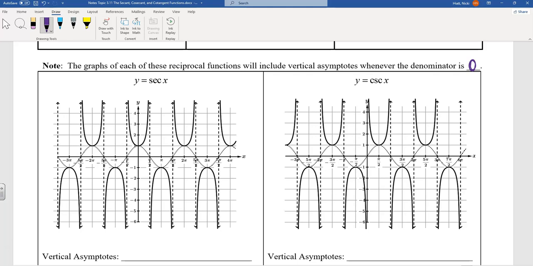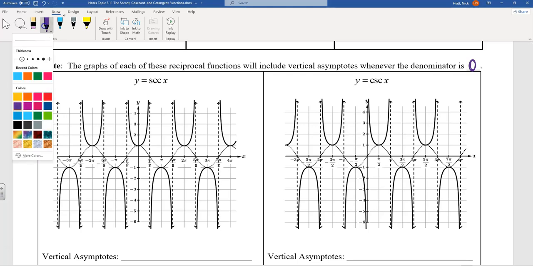So the graph of secant, see this dotted line in between right here? This dotted line is not part of the graph of secant, okay? What is that the graph of right there? Not sine. Its y-intercept is right here at 1. That's cosine, right? So this is not part of the graph, but Mr. Passwater has put this in here, right?